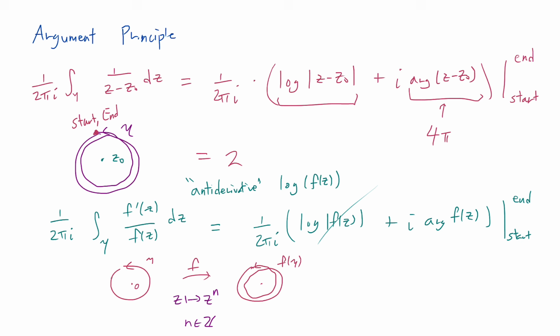At a zero, you're going to look like z maps to z to some positive number, so you're going to contribute like say 3, whereas at a pole, for example if you have 1 over z, then rotation like this in the output space is going to look like rotation in the opposite direction. Again, 1 over z is meromorphic, it's not holomorphic at 0. So now this argument part is going to change by minus 2 pi.